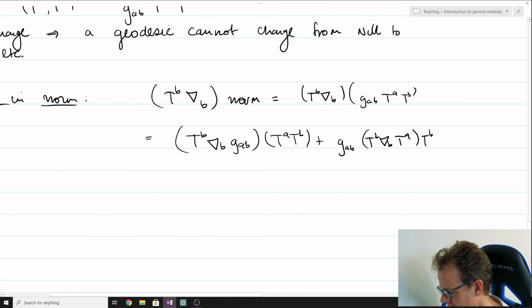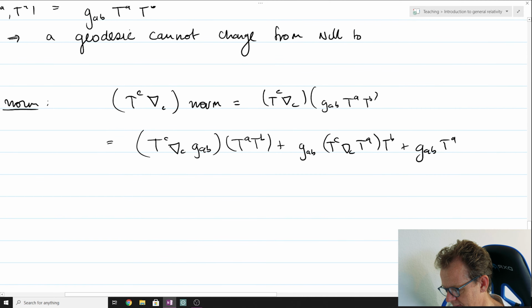I hope it was kind of clear. I should not have used the same index here. So let's do C's, and then we'll put C's here as well. And then there's a third term, T^A ∇ T^C.